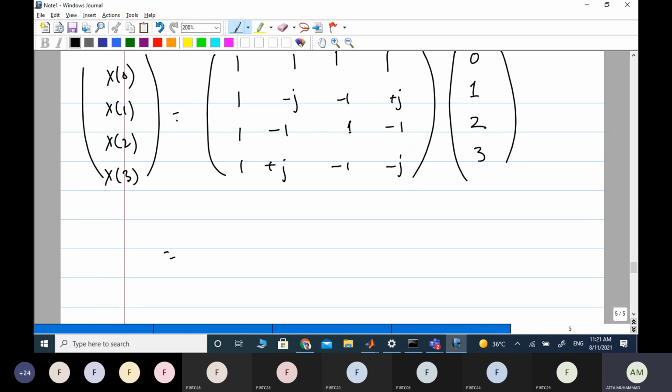1 times 0 is, now we have to take this row and this column first. So we have 1 times 0, 1 times 1, 1 times 2 plus 1 times 3. Okay, and for x of 1, we have to take this row with the same column.